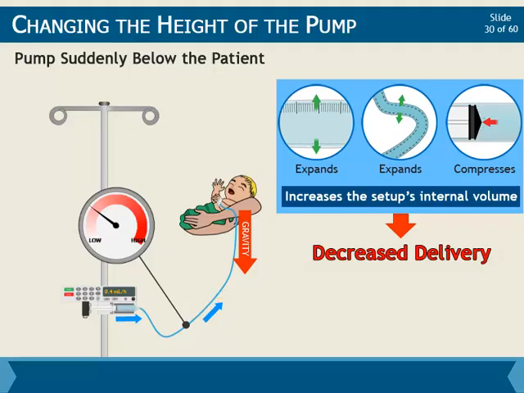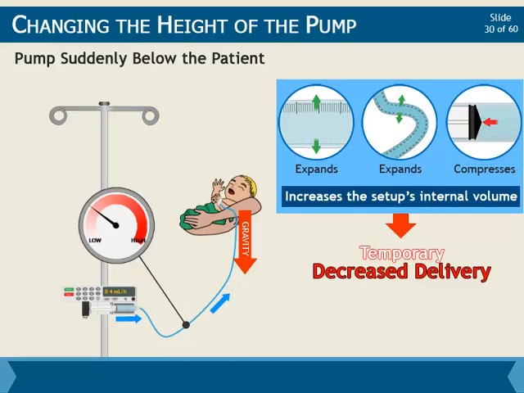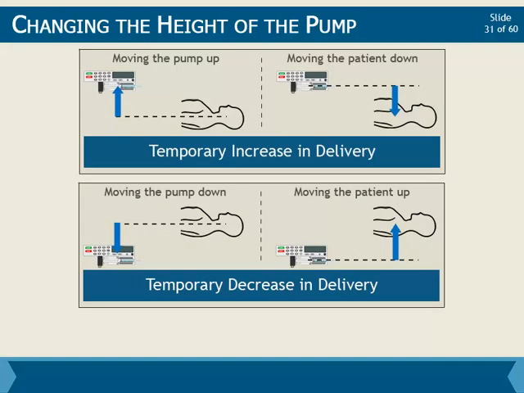Eventually, they stop expanding or compressing, and fluid will resume flowing to the patient, meaning the resulting decrease in flow is temporary. In summary, when we move the pump up or the patient down, the result is a temporary increase in delivery. When the pump is moved down or the patient up, there is a temporary decrease in delivery.